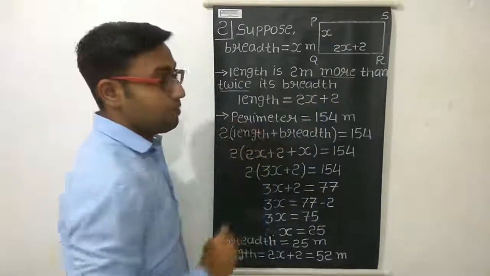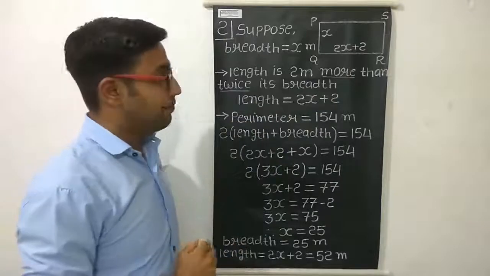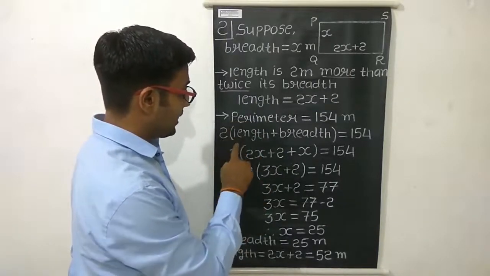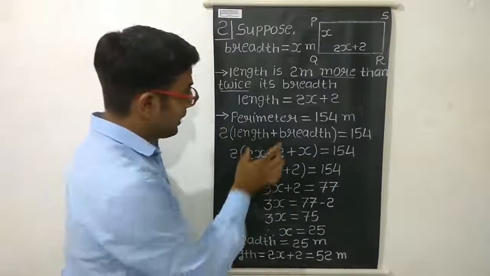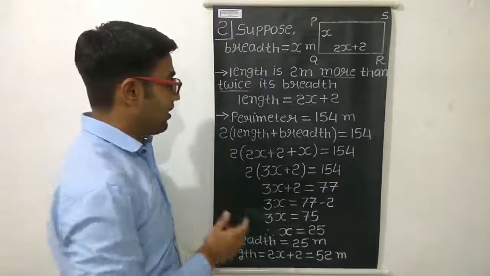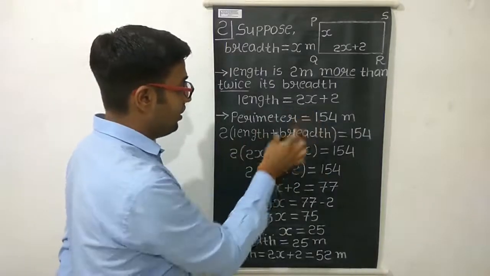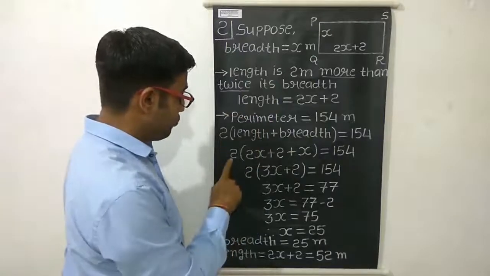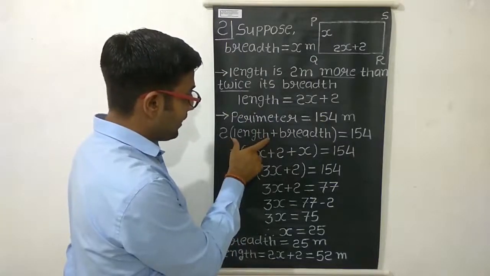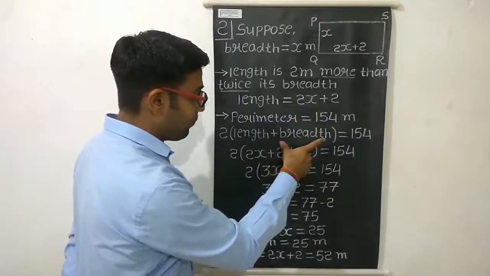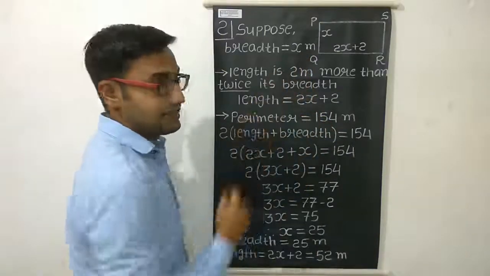This shape is a rectangle, and the perimeter of a rectangle is twice the bracket length plus breadth. And this perimeter value we have been given is 154. Now we have the length and the breadth. Put both values, and we keep the 2 as it is. In place of length, we put 2x plus 2, and in place of breadth, we put x.